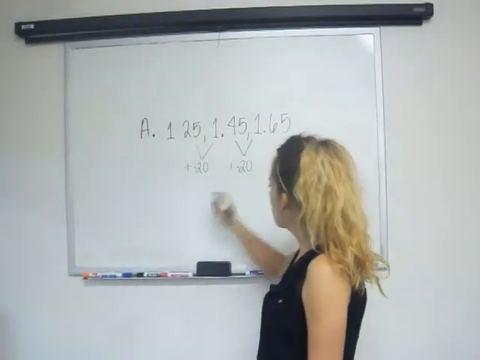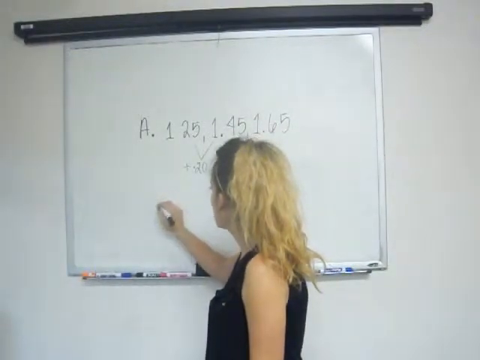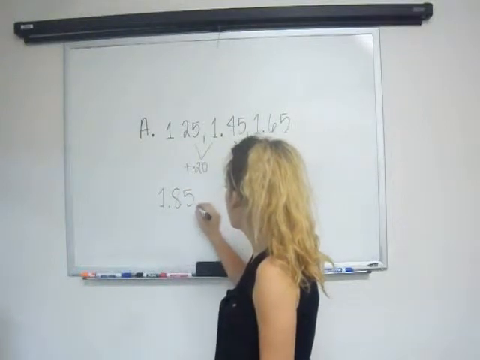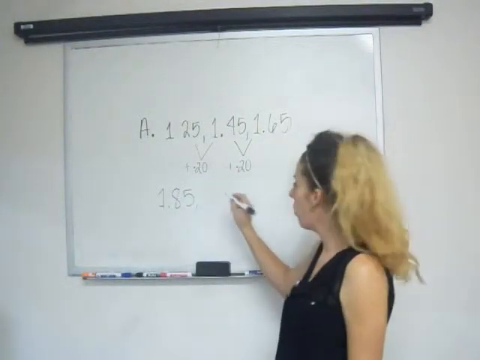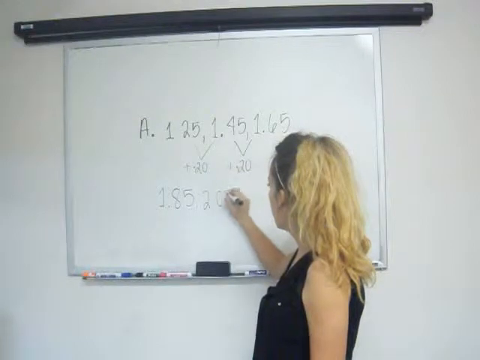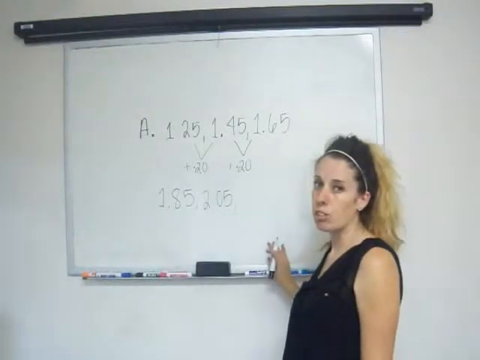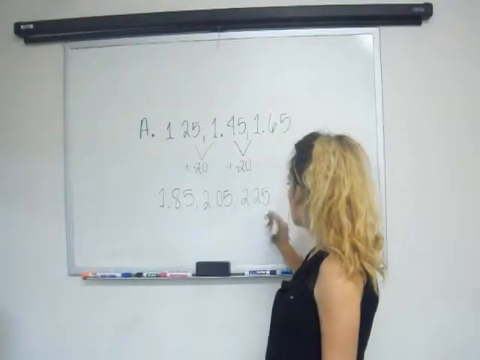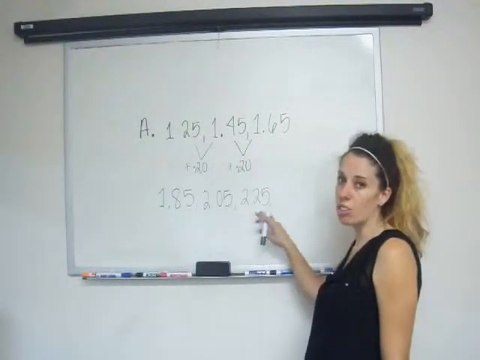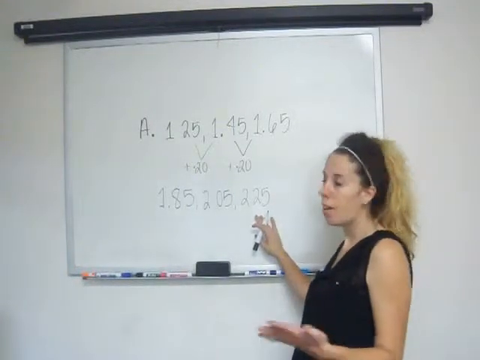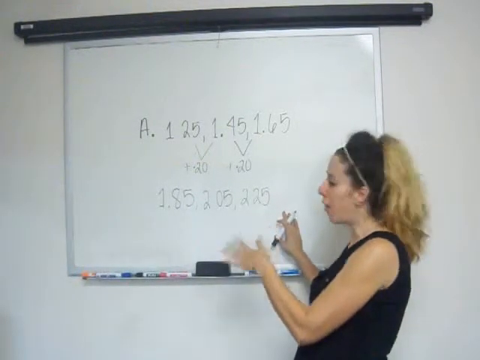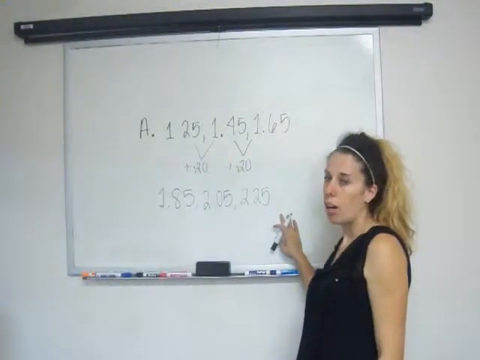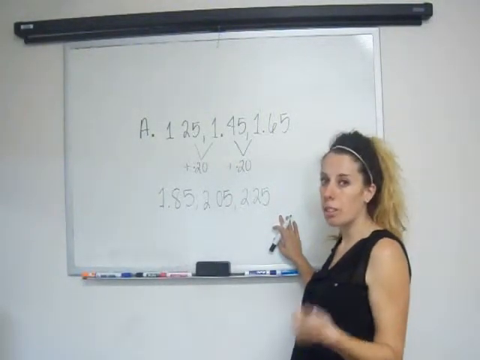So 1.65 plus 0.20 is 1.85, and then I'm going to add another 0.20, and that'll give us 2.05, and then again I'm going to add 0.20 one more time, and that'll give us 2.25 to give us the next three terms in the sequence. So again, I looked for a pattern, I found that pattern, and then I used that pattern to determine the next three terms. Okay, we're going to go through another example.